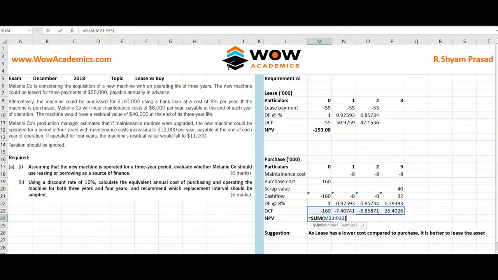It pulls too much, and the answer is 148. So here, as purchase has a lower cost compared to lease, it is better to purchase the asset. Okay, so that's about the suggestion. So we have come to an end of the problem. So this is how you have to work out a lease versus buy problem. So we'll move on to the next problem.